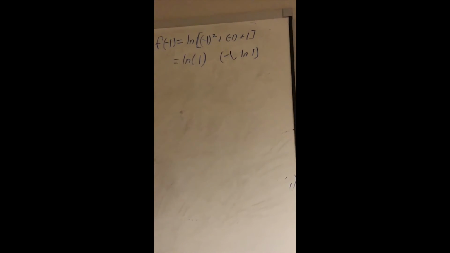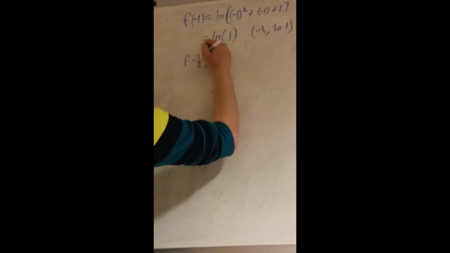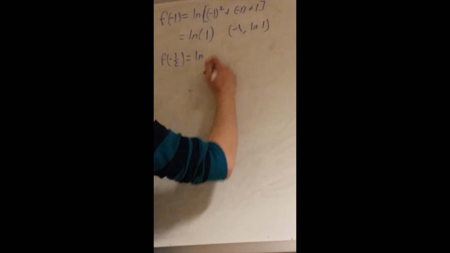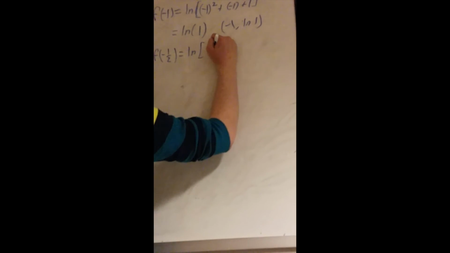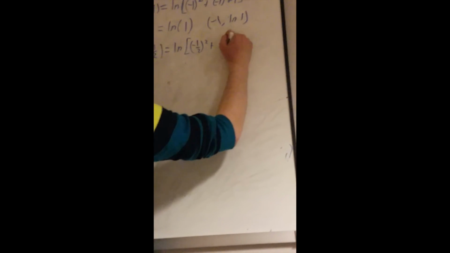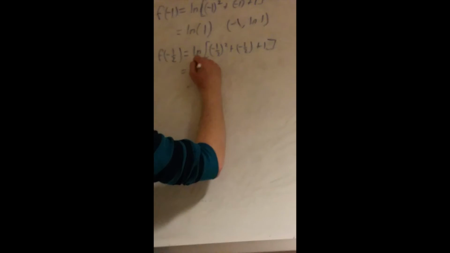Alright, next we're going to have our critical x value. f of negative 1/2. So it's going to be equal to ln of square bracket negative 1/2 squared plus negative 1/2 plus 1. It's going to be ln of 1 over 4 minus 1/2 plus 1.